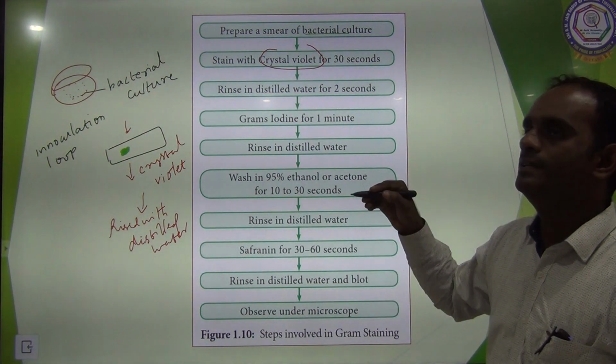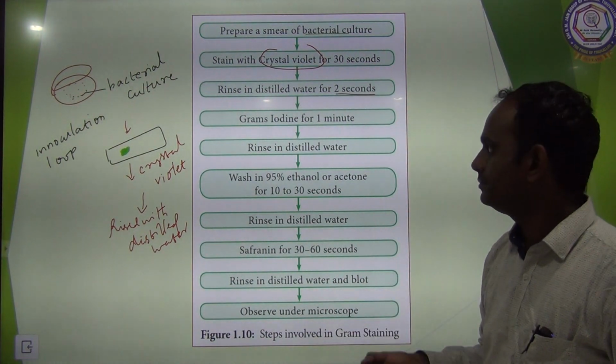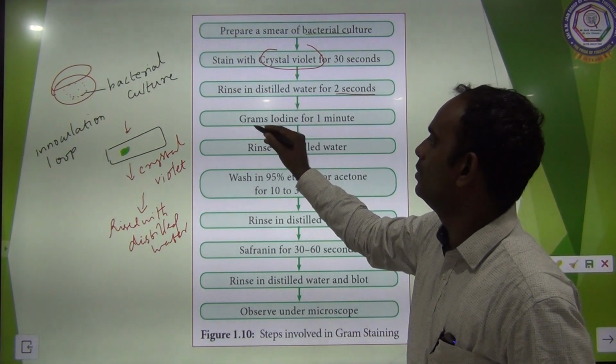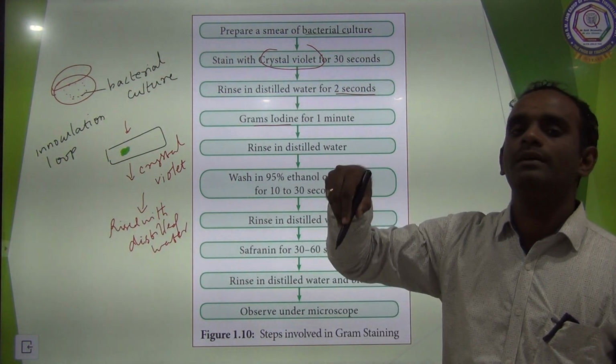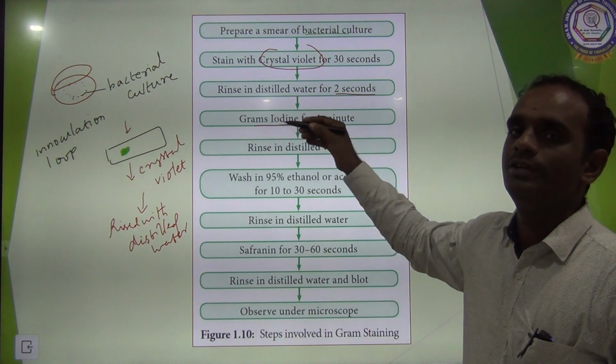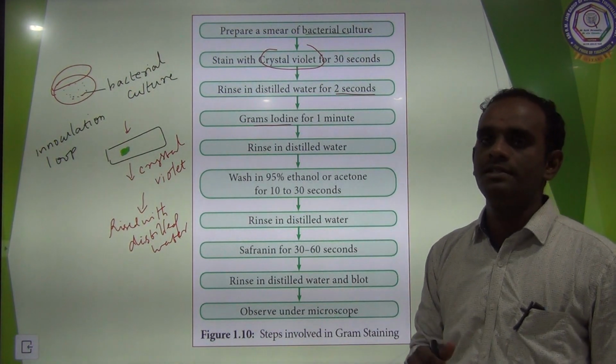After that, rinse in distilled water for 2 seconds. Then add gram's iodine for 1 minute. So then pour a few drops of gram's iodine for 1 minute.